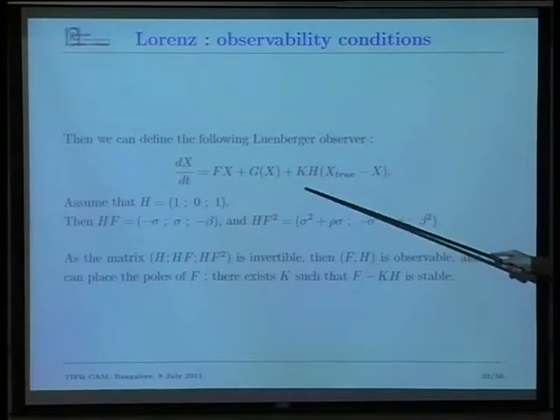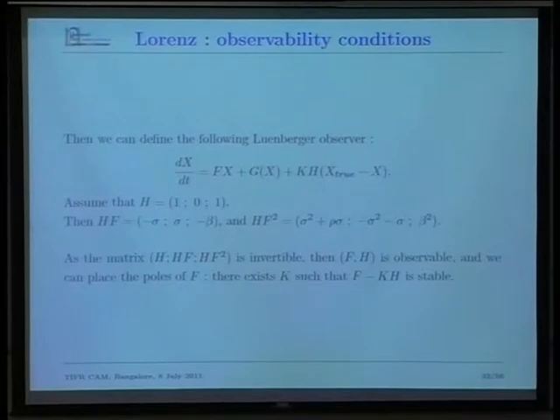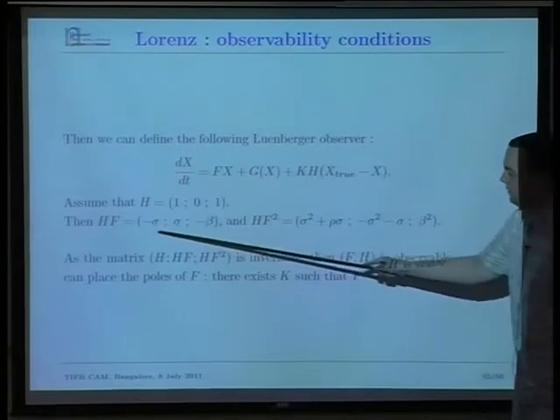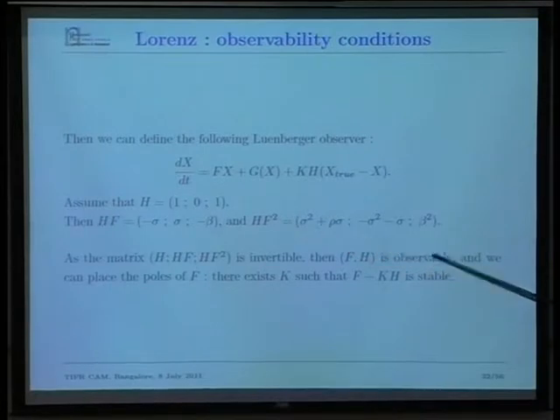So we define this Luenberger observer, the standard one, and we assume that we observe x and z, but not y. So in this case, h times f is this vector, and h f square is this one. You can use MATLAB, for instance, because it's a 3 by 3 matrix, so it's a little bit difficult by hand, but if you have time, you can do it.